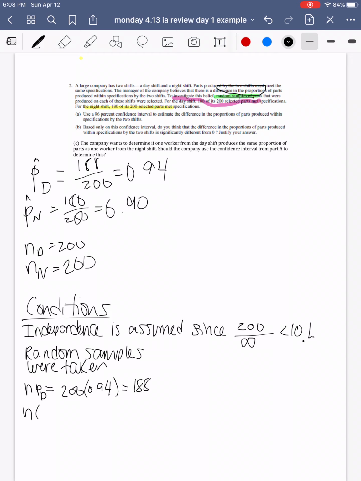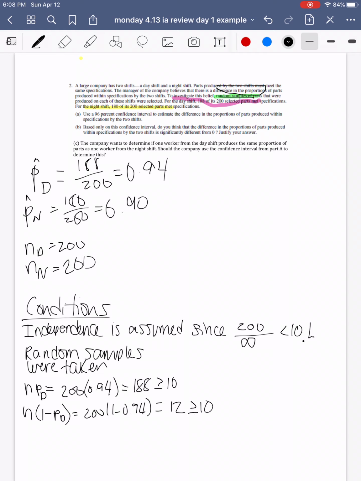And then n times 1 minus p is 200 times 1 minus 0.94, so that's going to be 12. And both of these are greater than or equal to 10.